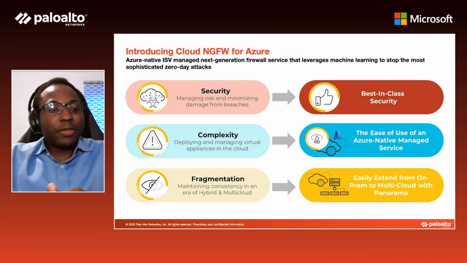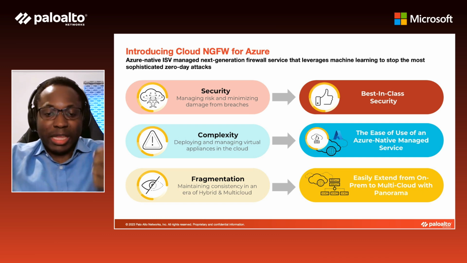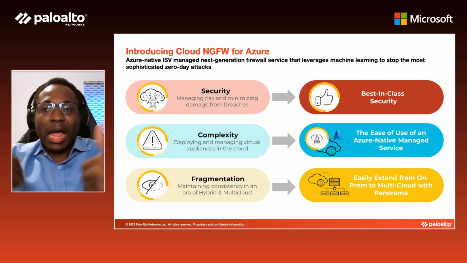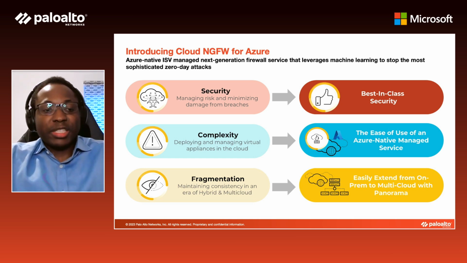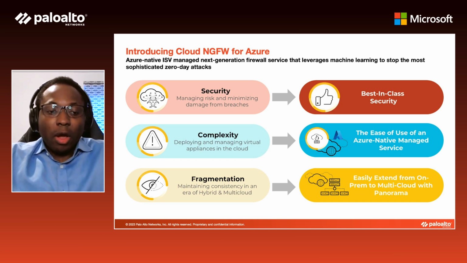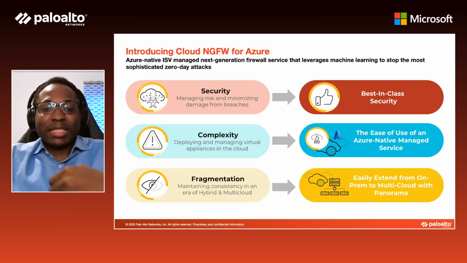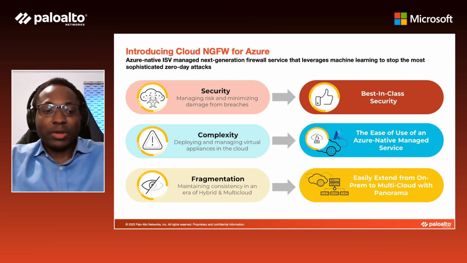It offers ease of use because it's an Azure managed service, so it's easy to deploy, it's easy to operate, it's easy to automate. You can automate it using any Azure automation preference that you may have. And also, it's easy for you to extend it for the multi-cloud and for the hybrid cloud and keep your consistency.